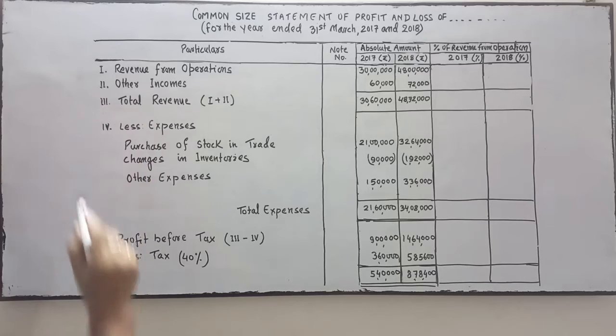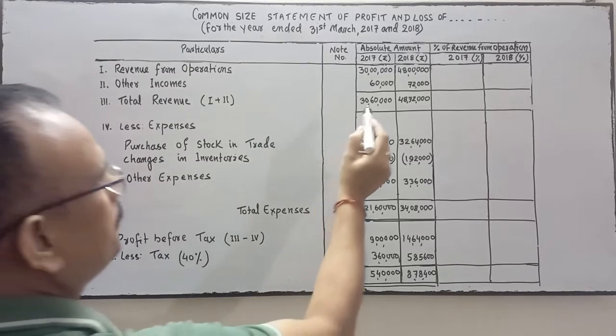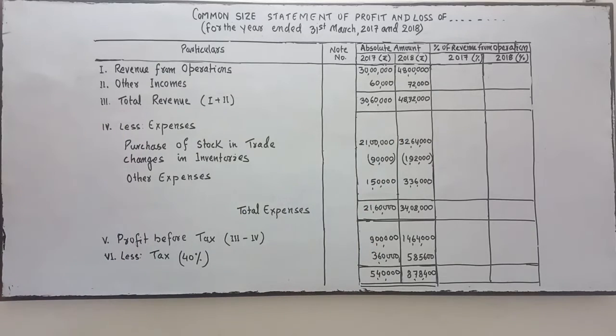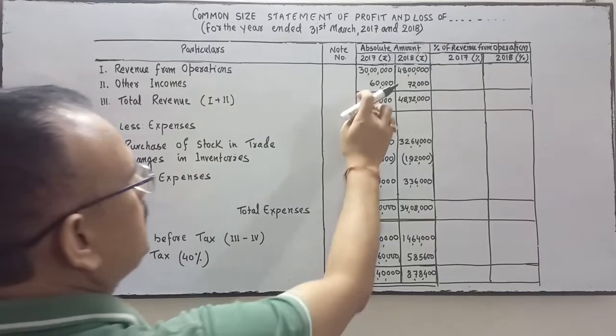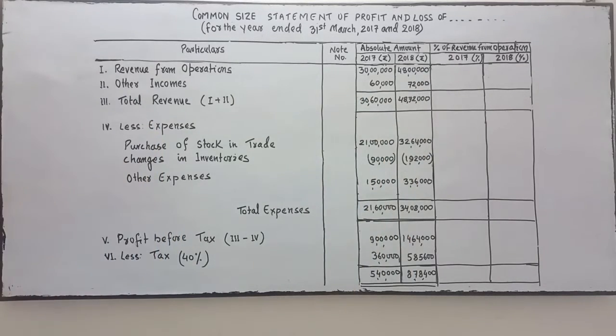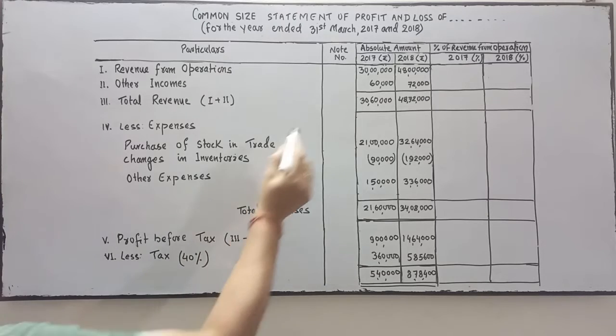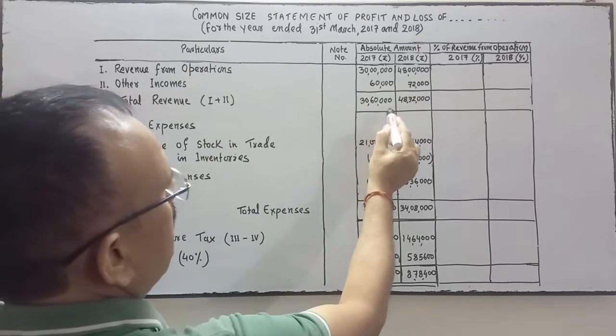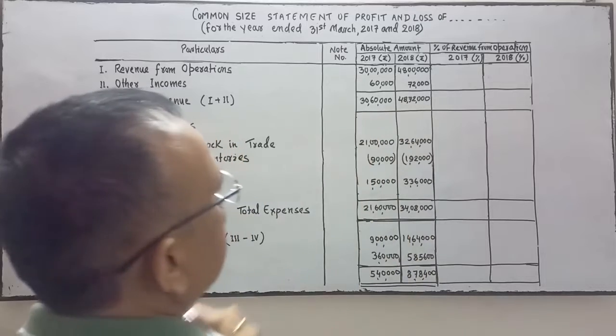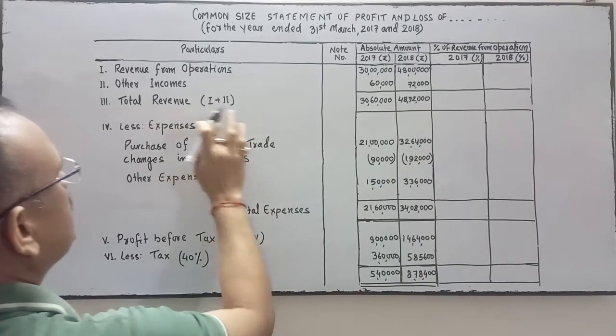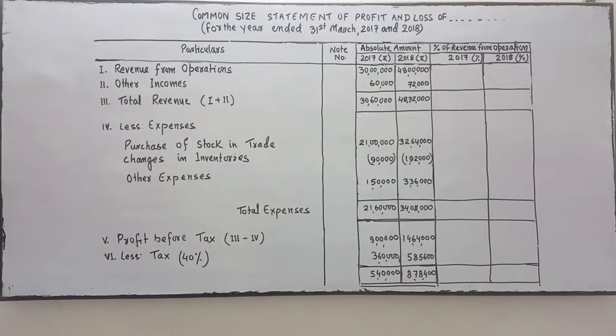Other income is 60,000 and 72,000 respectively. Then total income is 30 lakh 60,000 and 48 lakh 72,000. This is the total income, total revenue.